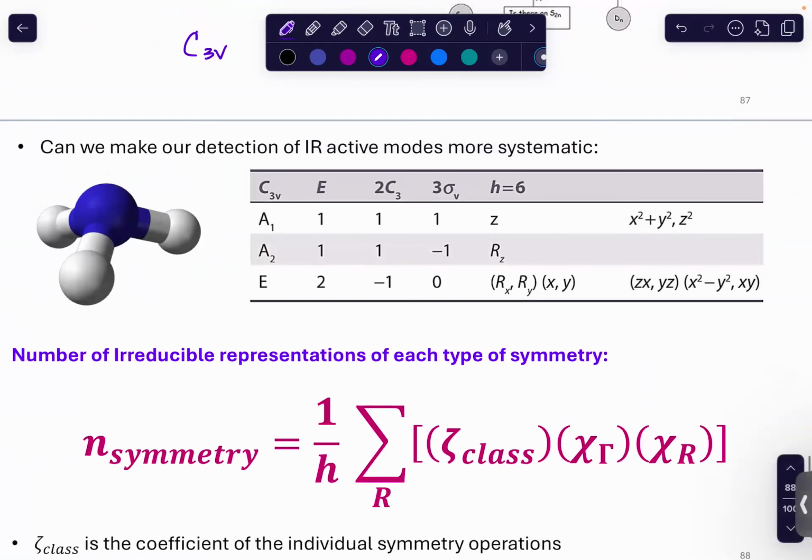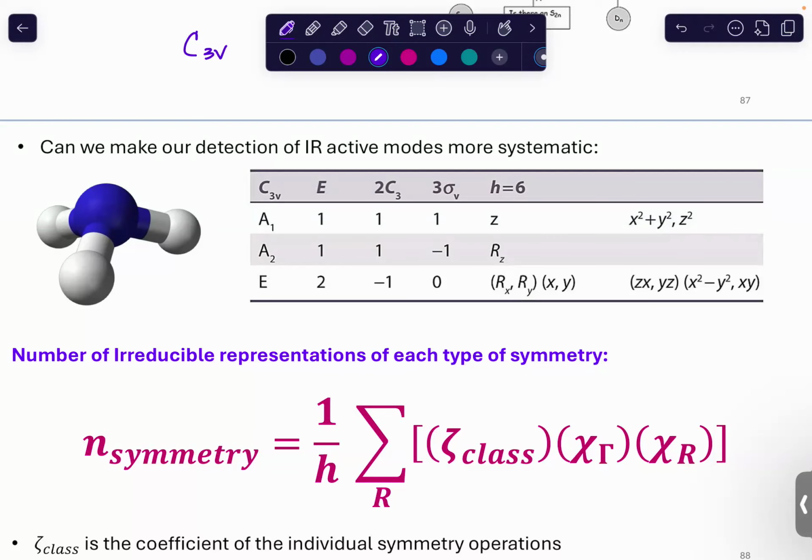Okay, so now we have to start asking, well, how can we actually get a better bead on what the infrared vibrations are going to be? Okay, well, we need to figure out how many irreducible representations each symmetry is going to give us. So we have A1, A2, and E, all right? So the number of irreducible representations is going to be 1 over h, which is the order, and then the sum.